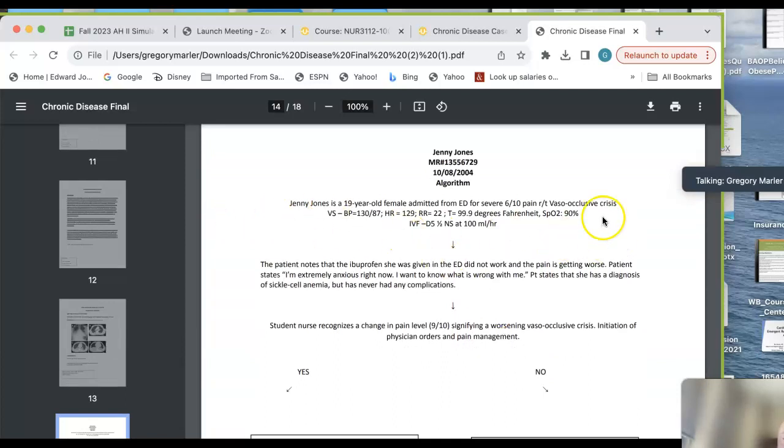So what they've done is provided a little bit of patient information, and this is more so for us as the faculty team to see how the student wants their disease case to progress.